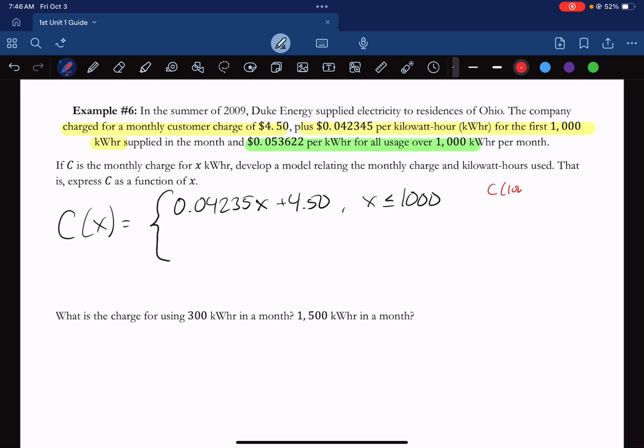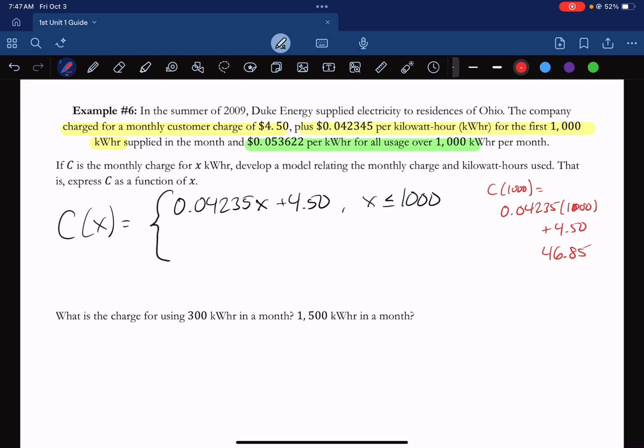So I'm going to do C of 1,000, which is 0.04235 times 1,000 plus 4.50. And that gets me 46.85. So that is the charge for, again, 1,000 kilowatts.